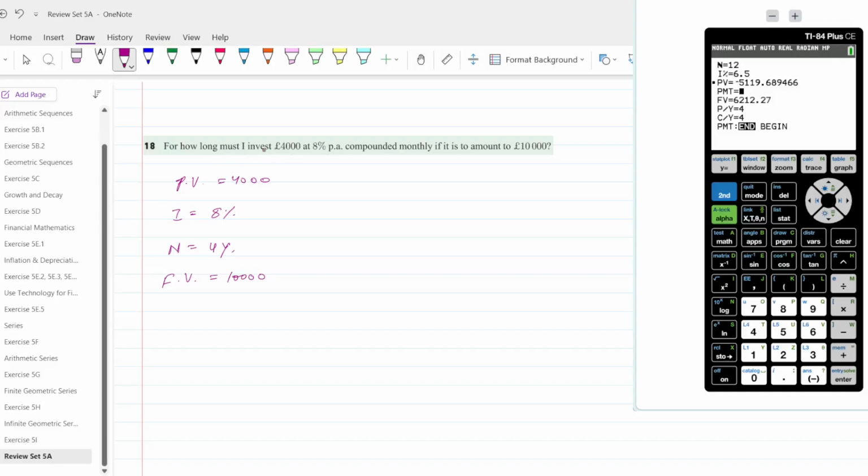So investing 4,000 is the money going away. Therefore, this is going to be negative 4000. Now, I is 8, present value is negative 4000, PMT is 0, future value is 10,000, and it is compounded monthly, that's why 12.